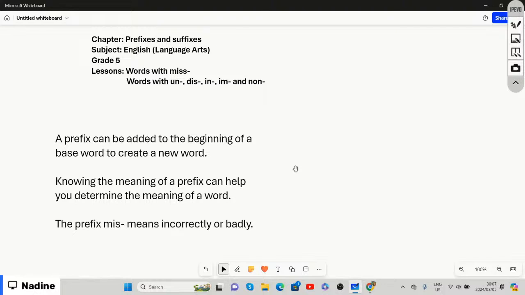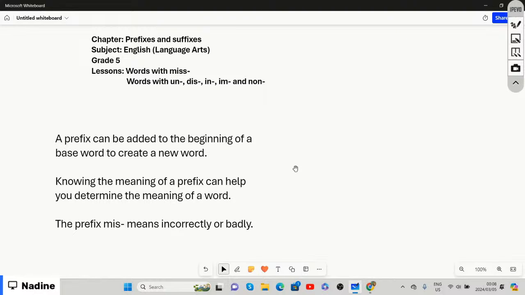Knowing the meaning of a prefix can help you to determine the meaning of a word.